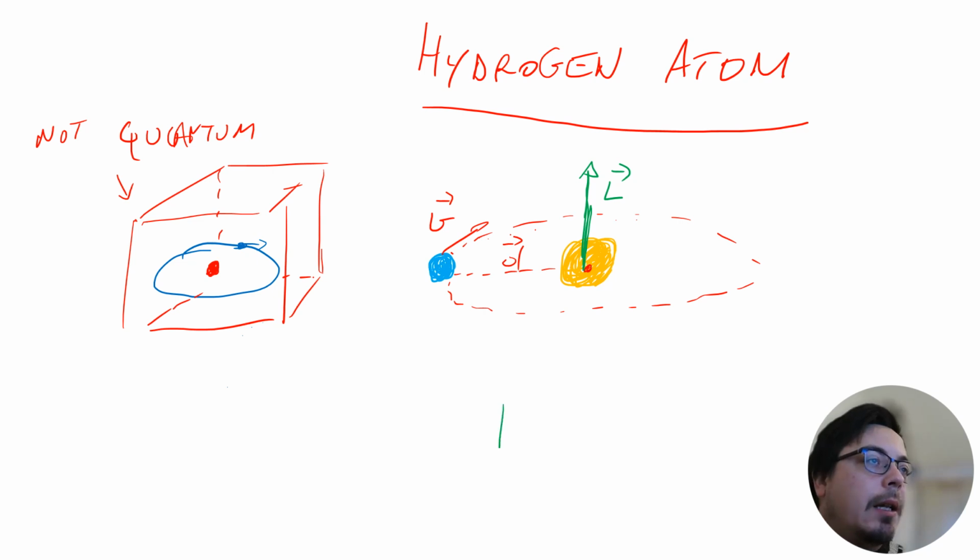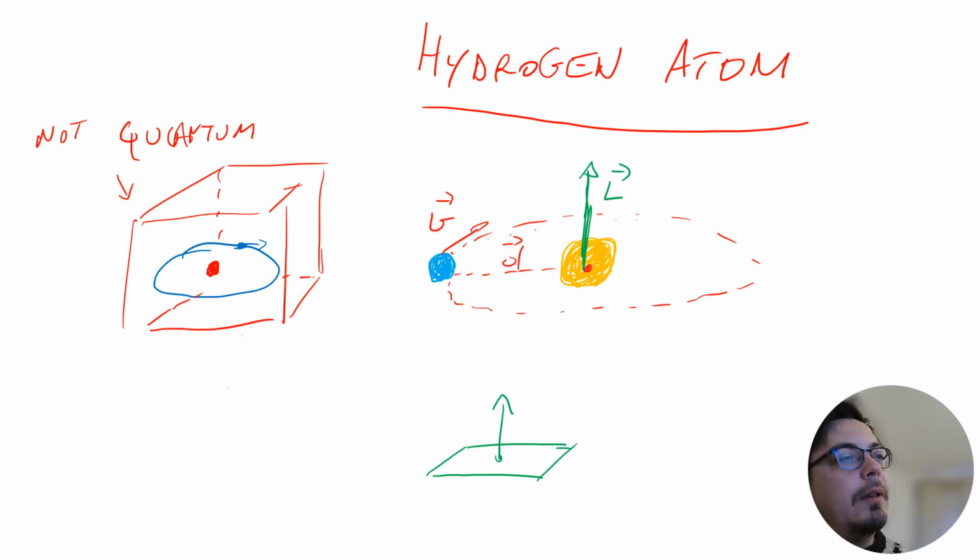Because when you have a vector, you can define a plane, and you can say that the vector is 90 degrees with respect to that plane, 90 degrees.